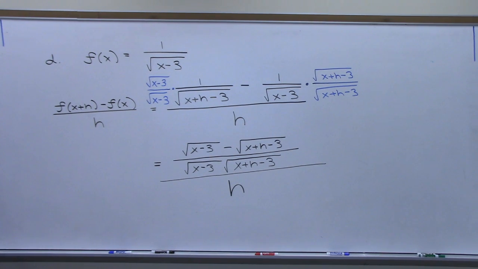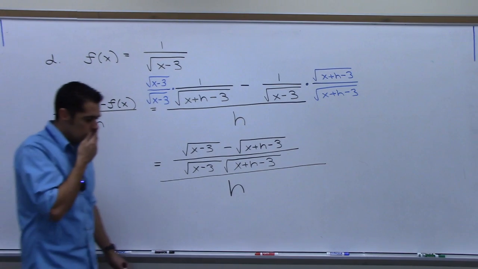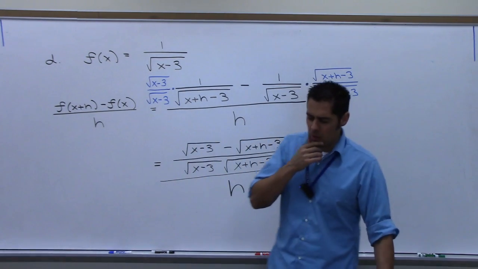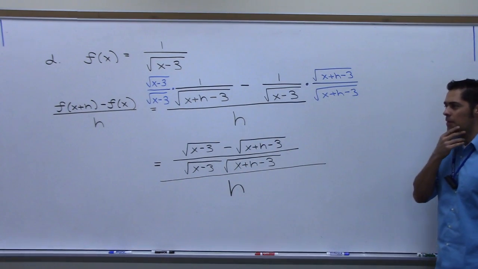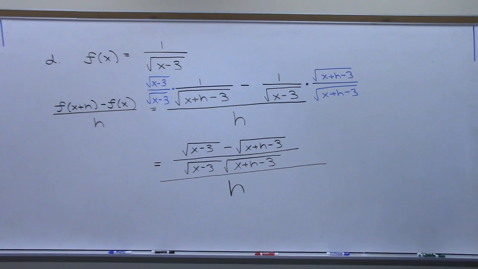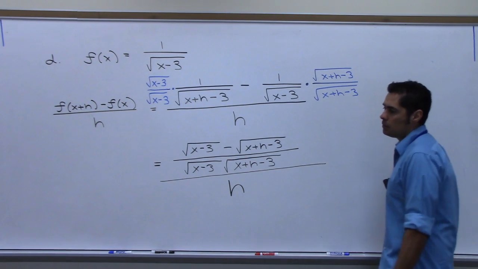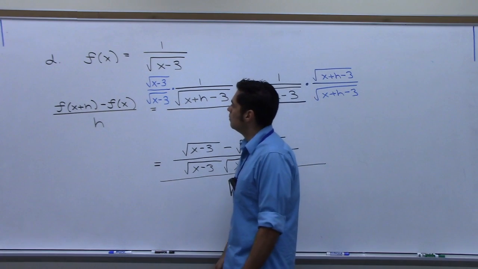You comfortable with that? What do you got? It seems like when you're finding the difference quotient, you're plugging it in. It's actually a combination of the difference quotient plus whatever variables they give you. I'm not sure I follow that.